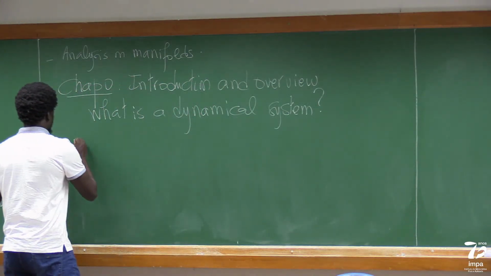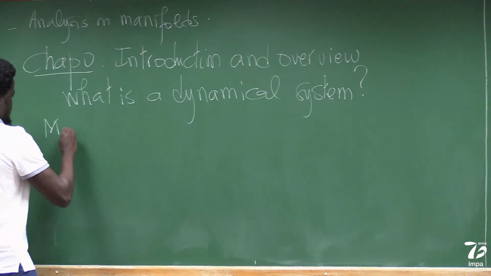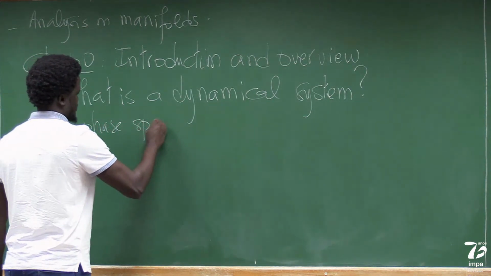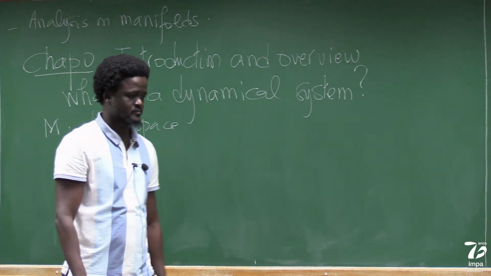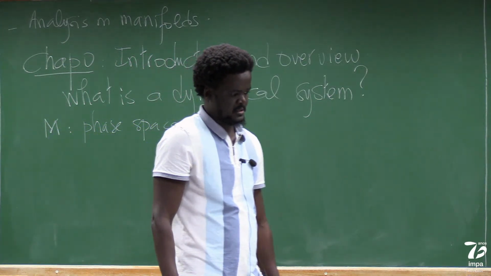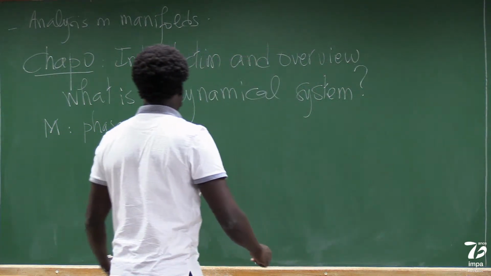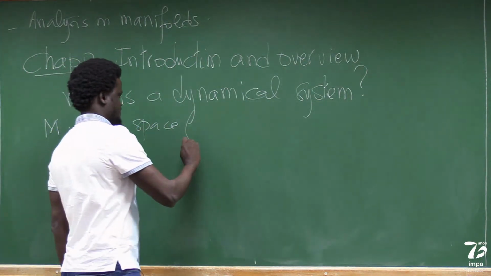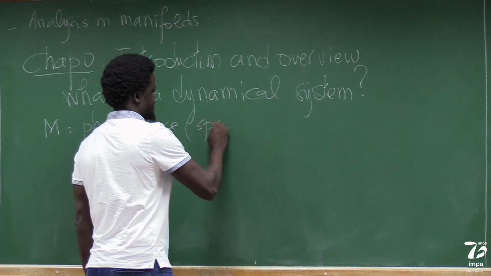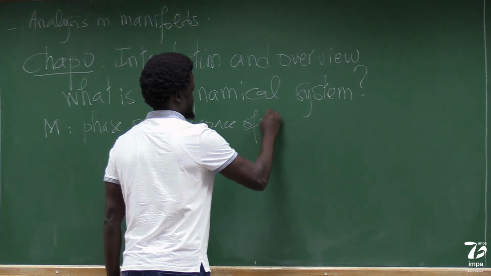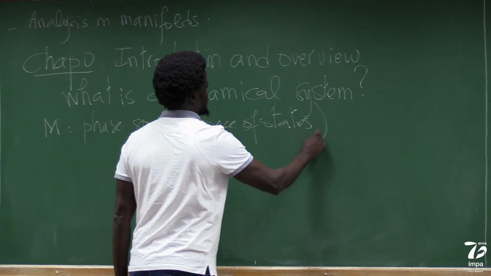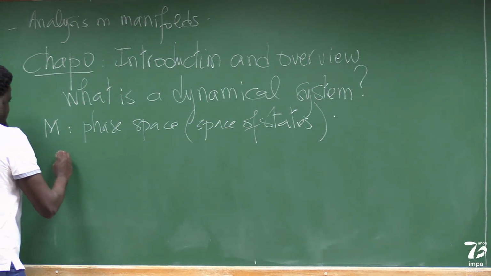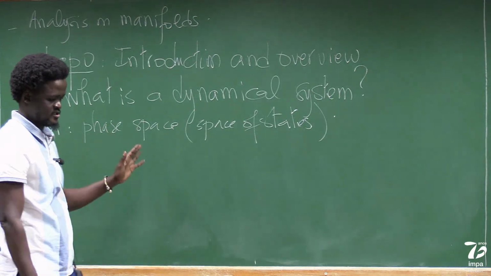Usually M is called a phase space, or in other fields some people might call it a space of states, the different states that you can be in.